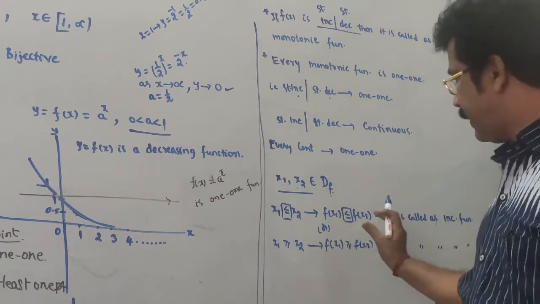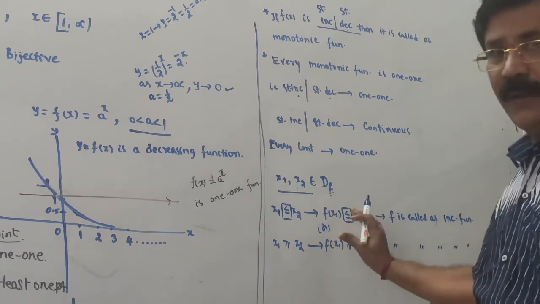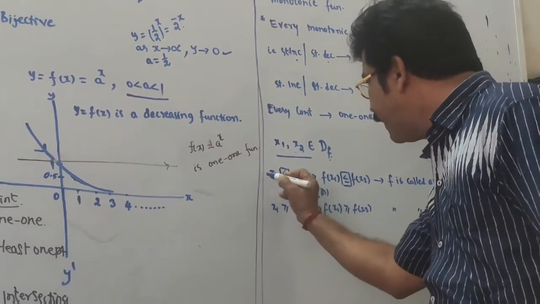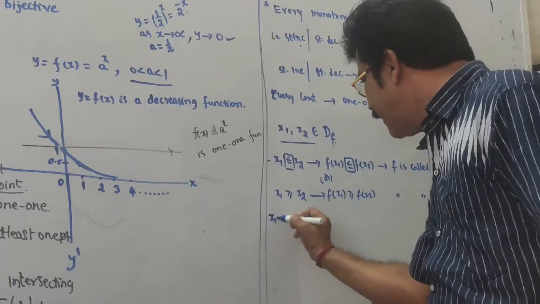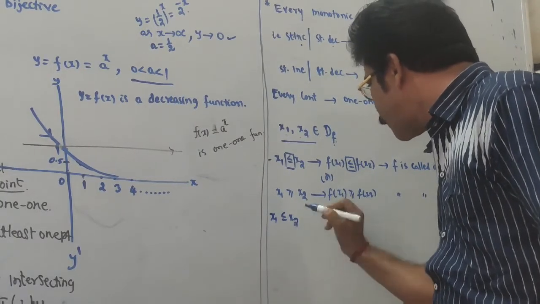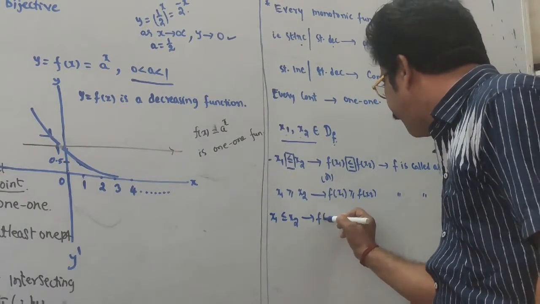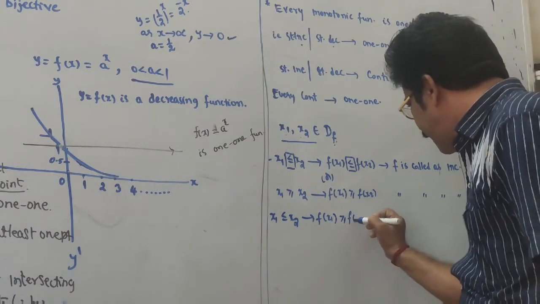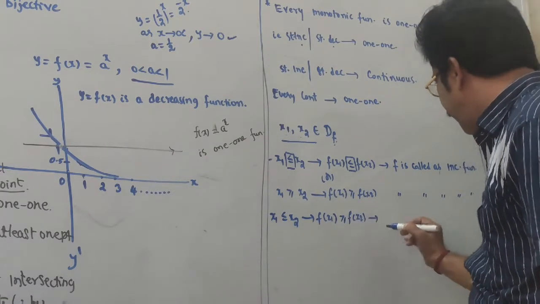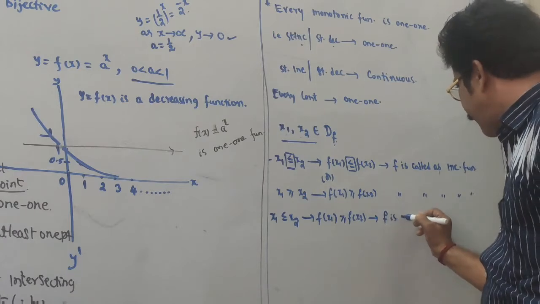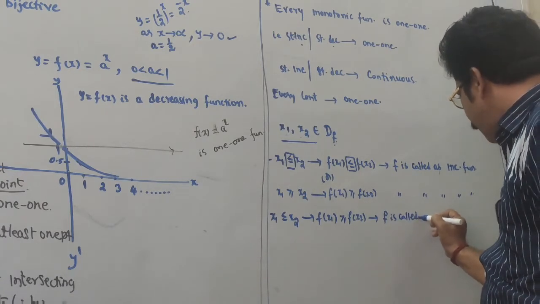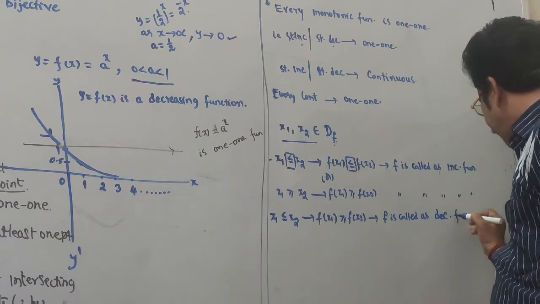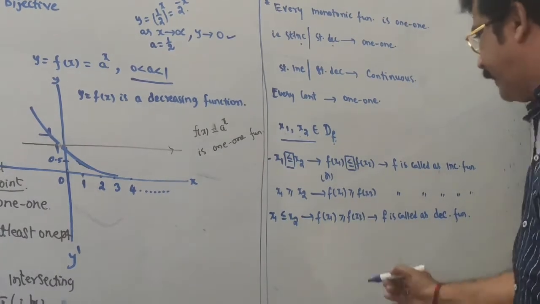This is a definition in algebra. Next, for decreasing, for example, you see this one: x1 less than or equal to x2 implies f of x1 with the opposite sign, greater than or equal to f of x2, then f of x is called a decreasing function.